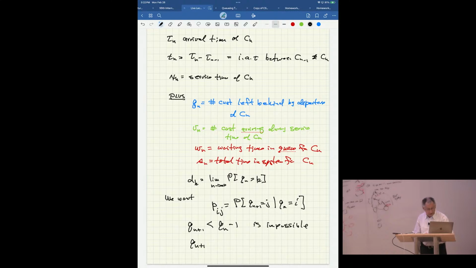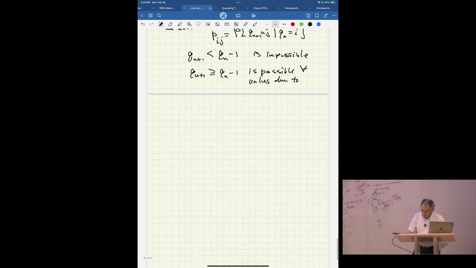Qn plus 1, in fact, is greater than or equal to Qn minus 1. It's possible, not impossible, but it's possible, basically, for all values due to arrivals Vn plus 1. Okay.